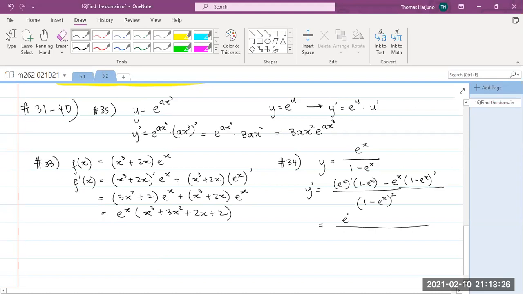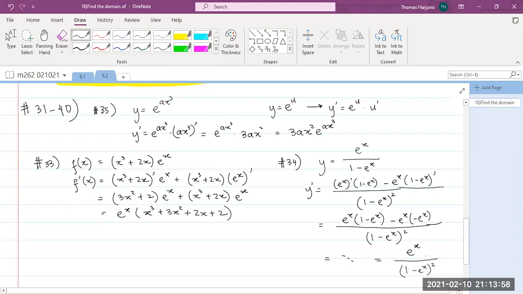This is e to the x times 1 minus e to the x minus e to the x times negative e to the x, over 1 minus e to the x squared. Something cancels, so this is e to the x over 1 minus e to the x squared.